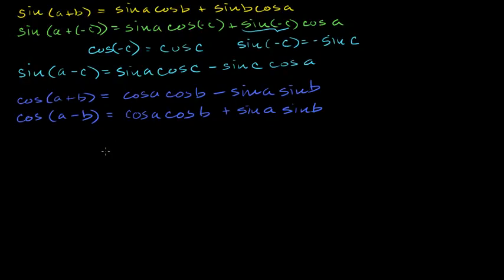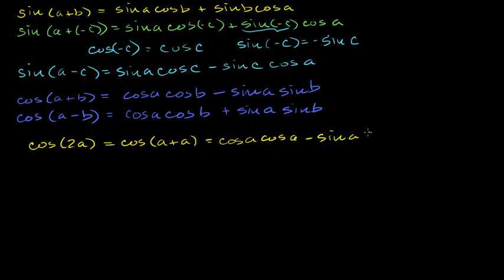So what if I wanted an identity for, let's say, the cosine of 2a? So the cosine of 2a, well, that's just the same thing as the cosine of a plus a. And then we could use this formula right up here. If my second a is just my b, then this is just equal to cosine of a times the cosine of a minus the sine of a times the sine of a.